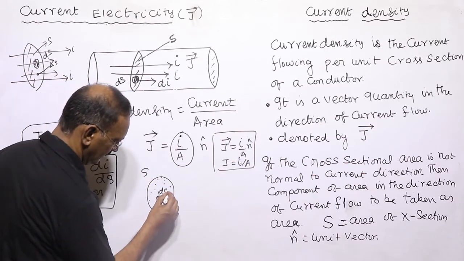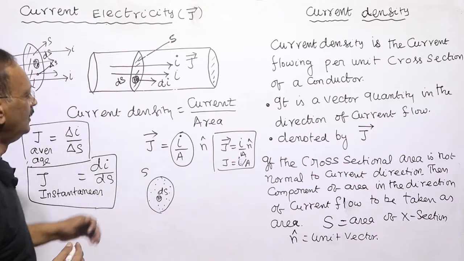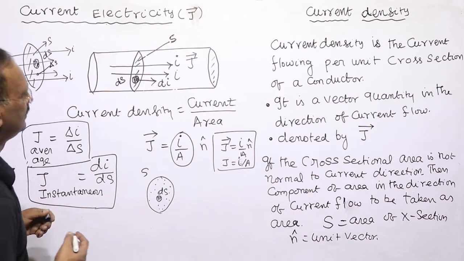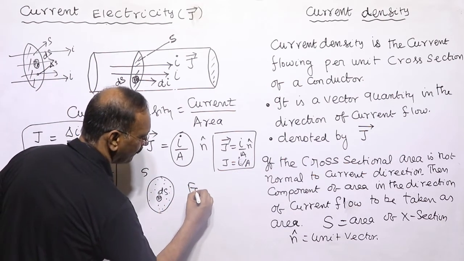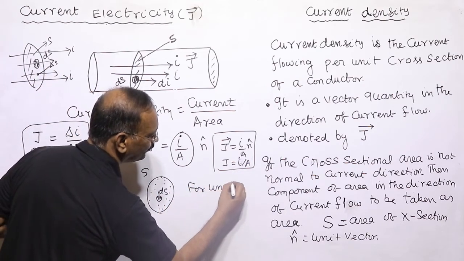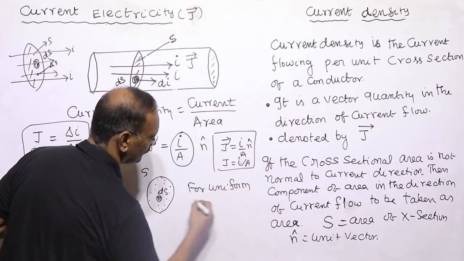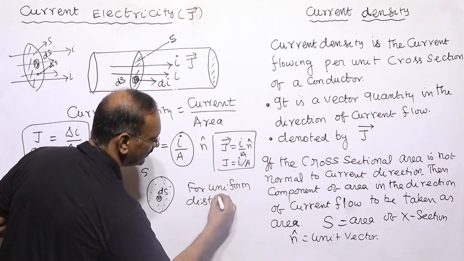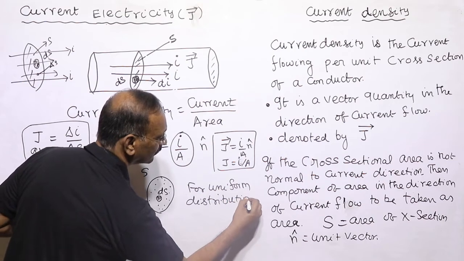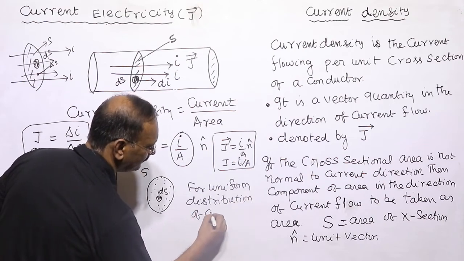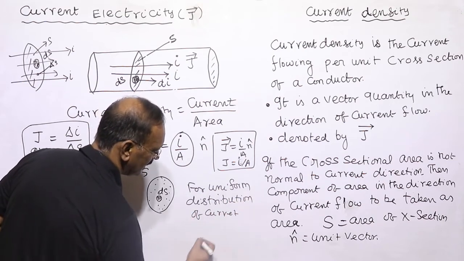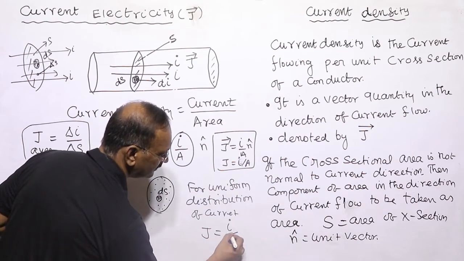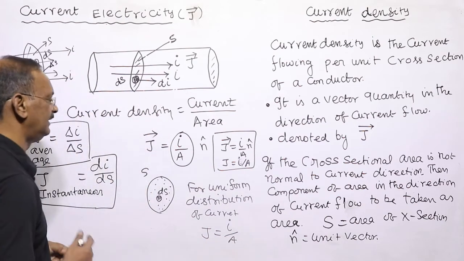If the current is flowing uniformly through the cross section, that is uniform distribution of current, then current density J is equal to current flowing divided by the area. We can write it like this.